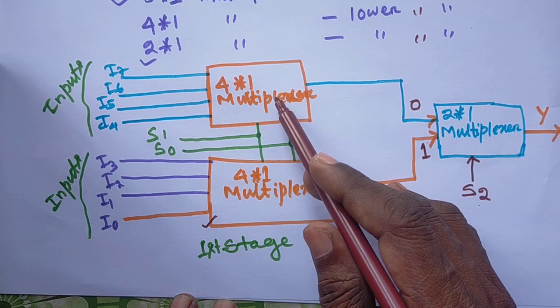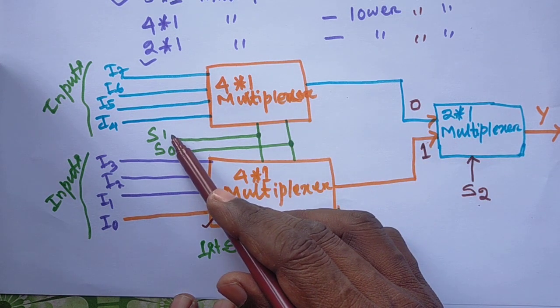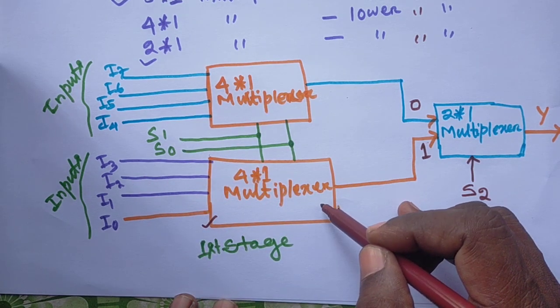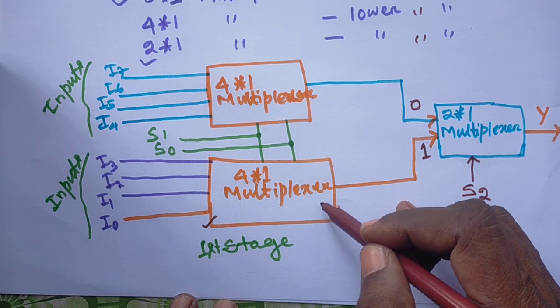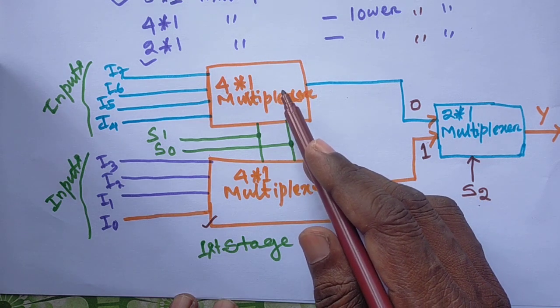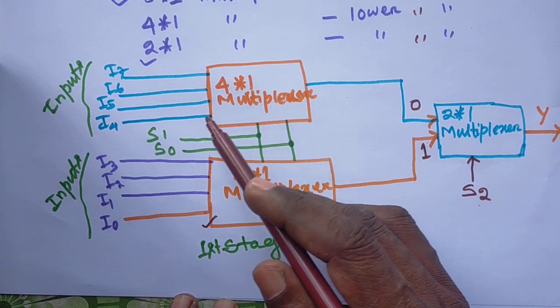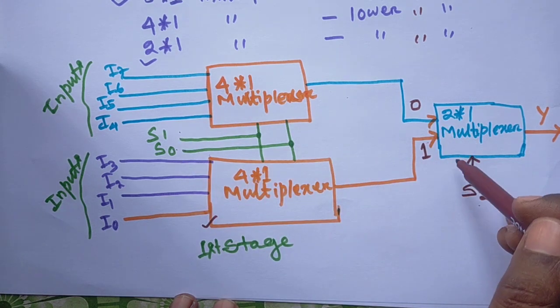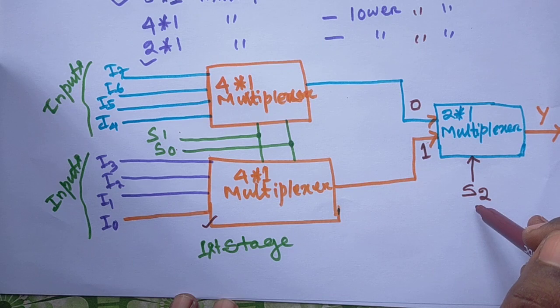If one is inactive, S0 and S1 select among the inputs for the active multiplexer. If the other is inactive, then this multiplexer will be activated and receive the value through S0 and S1. So either case depends on this particular selector.